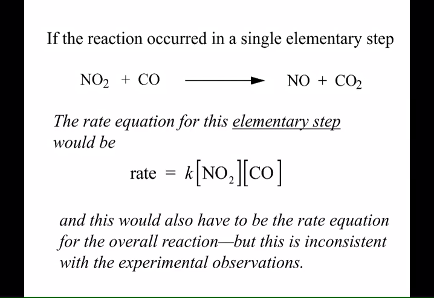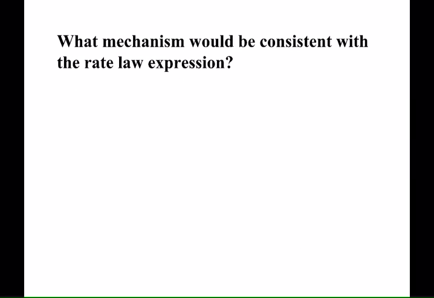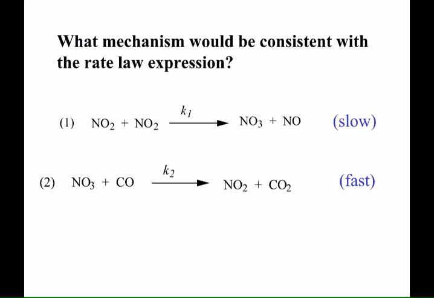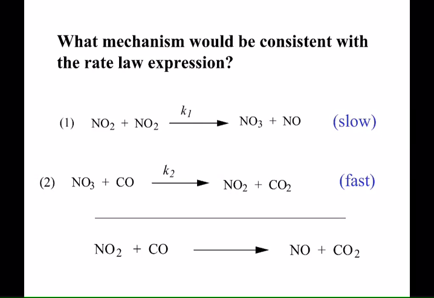So, okay. Well, let's look at a proposed mechanism. What if, and like I already kind of told you, we're going to have the slow one, and then we're going to go fast? This works. So obviously your elementary steps need to add up to be equal to your reaction of interest, and these do.